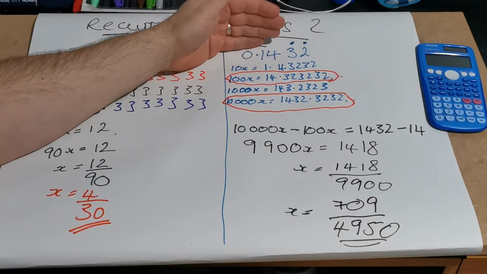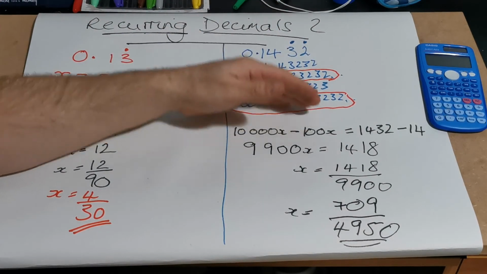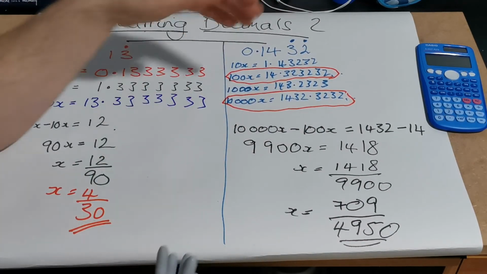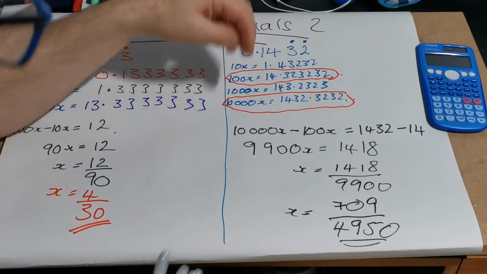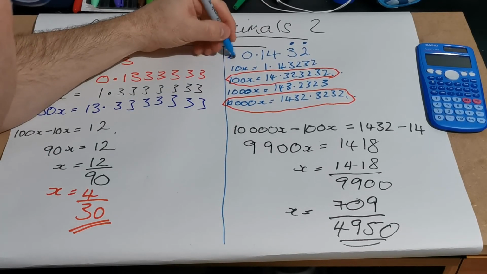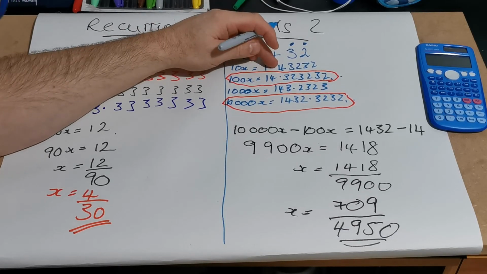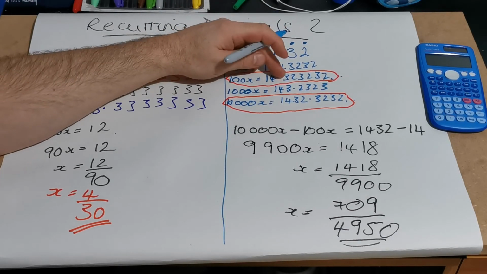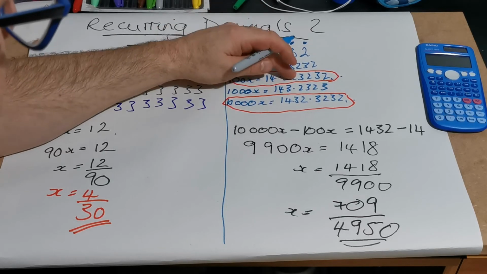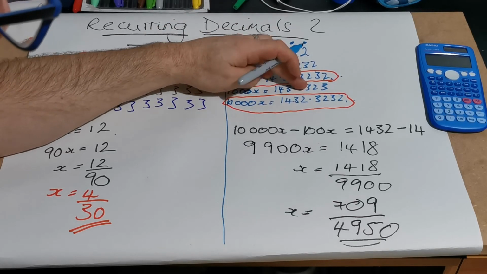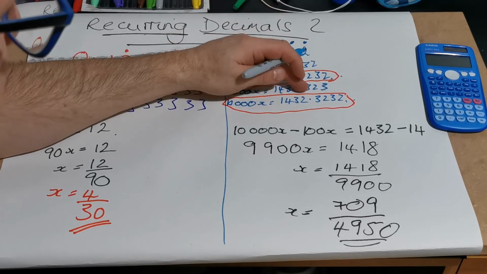But on this one I had to keep going, because the x started with 0.14. This one started with 0.4. This one started with 0.3, so none of those were the same. This one started with 0.2, again definitely not the same.